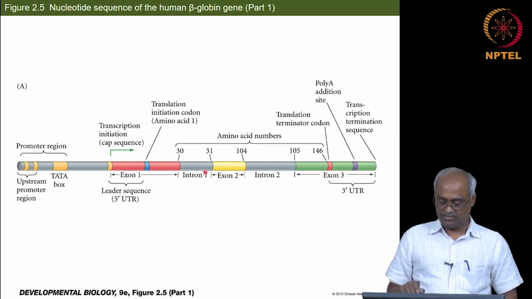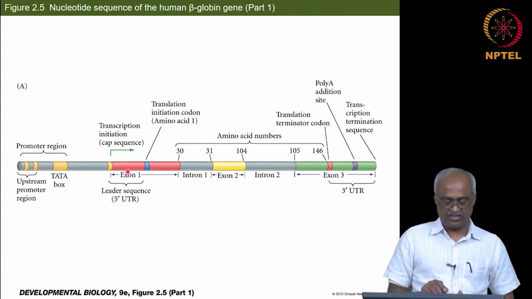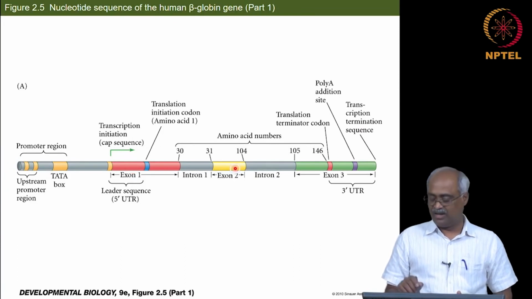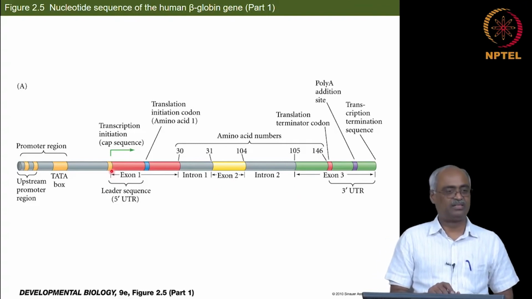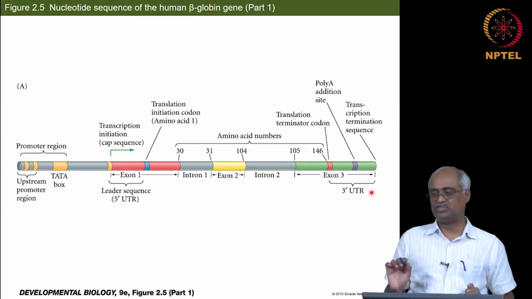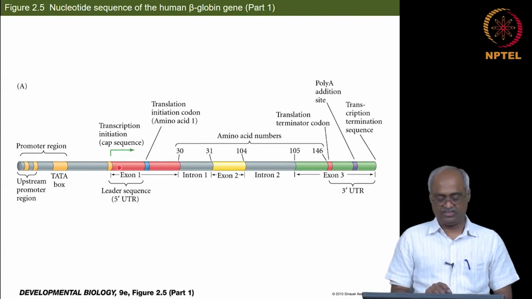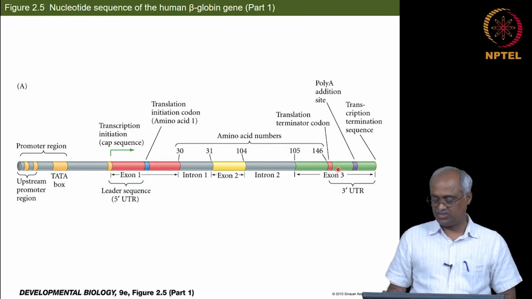You need to get rid of these in the final mature mRNA and have the sequences corresponding to exon 1 in the DNA, exon 2 right after that, and exon 3 right after that. Then, starting from the start codon, which is ATG coding for methionine, you go all the way to the stop codon. So, in the gene structure, the coding sequences are divided into exons with intervening introns. Is this clear?